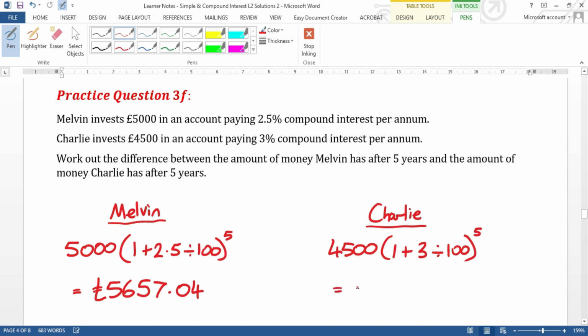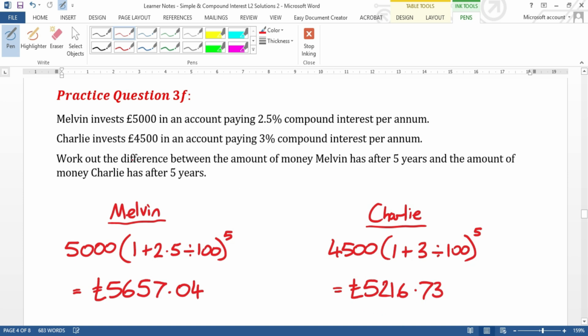Let's work that out here. 4,500. 1 plus 3% to the power 5. That gives me £5,216 and 73 pence to the nearest pence.